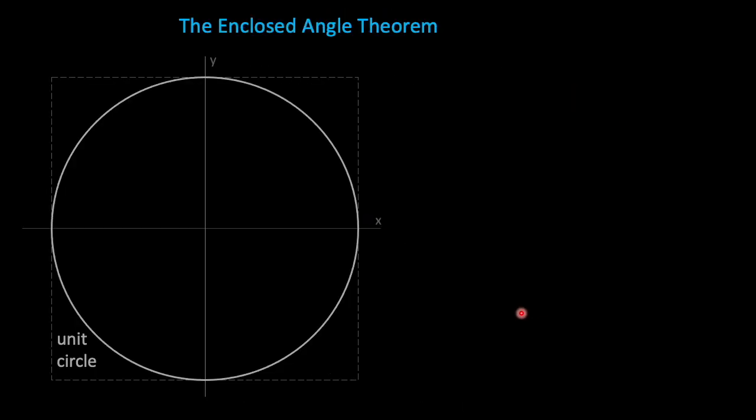So we're going to move on now to develop out a couple of the most important theorems that we're applying in Dataflow Geometry 2D. And these are both closely related to our use of direction vectors. The first is called the enclosed angle theorem.